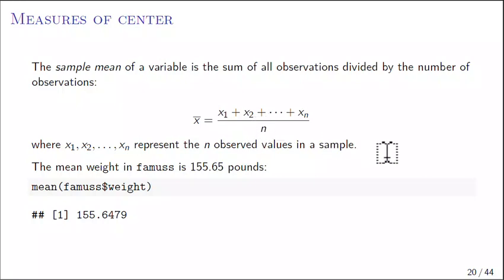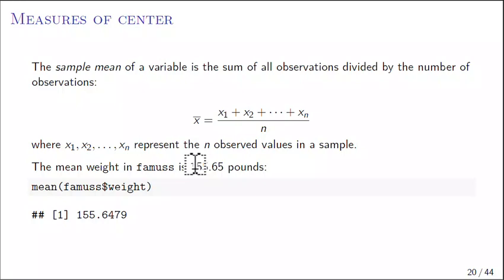Back to the example, the farm mass example we have in the textbook. We wanted to know the average weight for how many people in the data set. That's a good question.